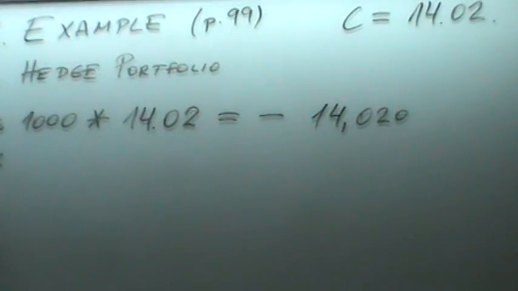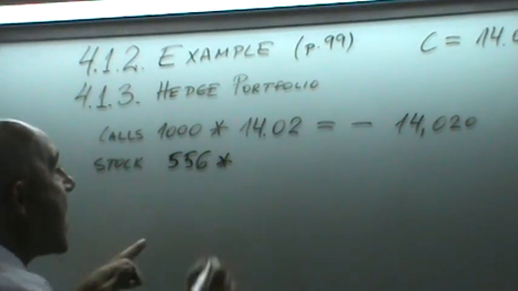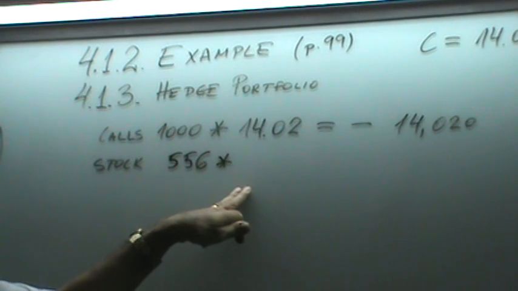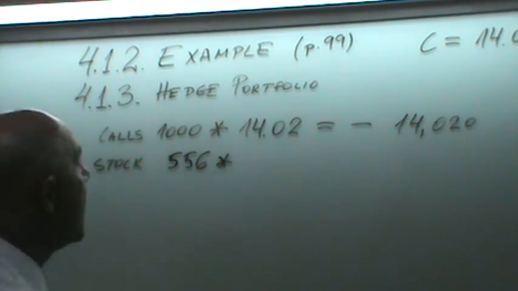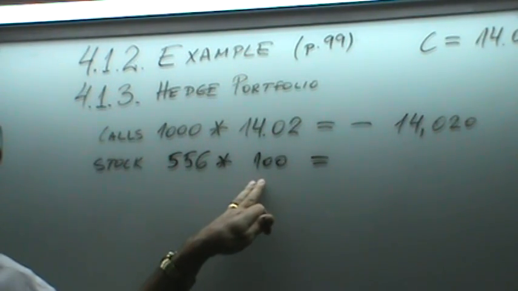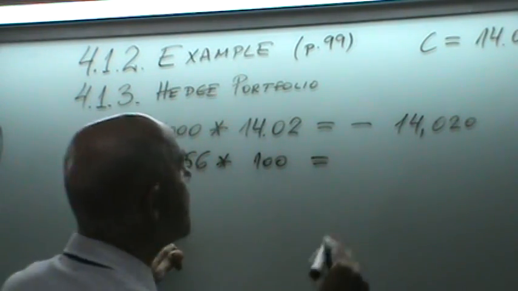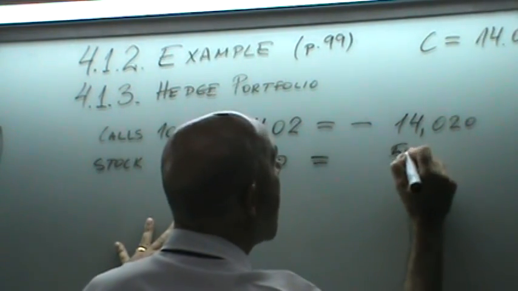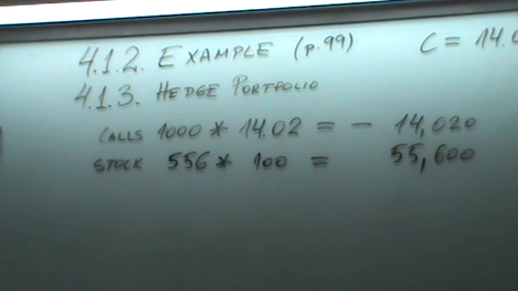This is called work, right? Stock 556, and the current price S0 is given to be S equal 100. So it's a cash outflow for us, it's going to be 55,600. Okay.